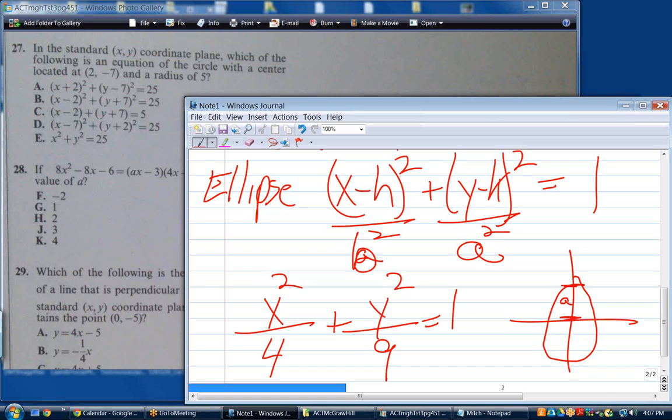For a horizontal ellipse, it's always measured along the x-axis, so it comes under the x. But in other words, if they give you this, you have to recognize a couple of things. First of all, the center is at the origin. And second of all, a is under the y variable, not the x variable. And if a is under the y variable, it is a vertical ellipse, not a horizontal one.